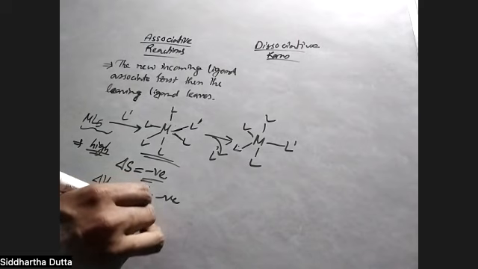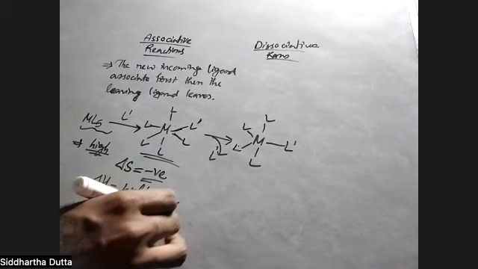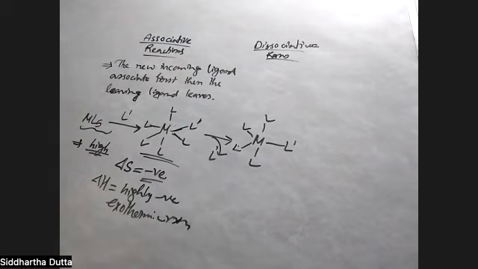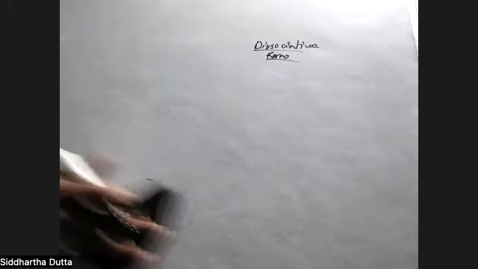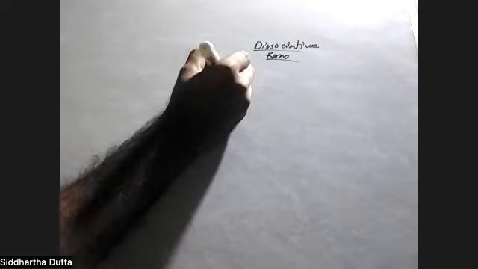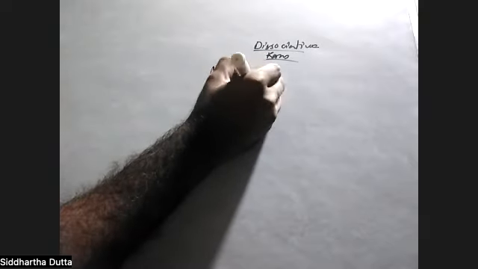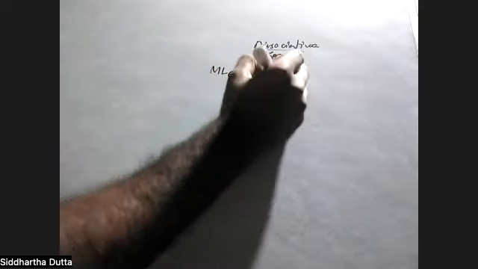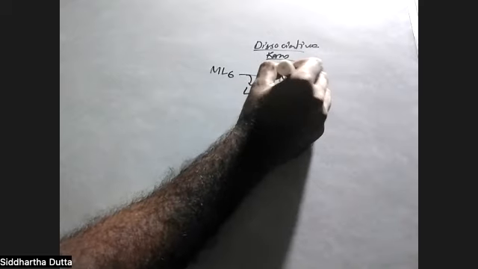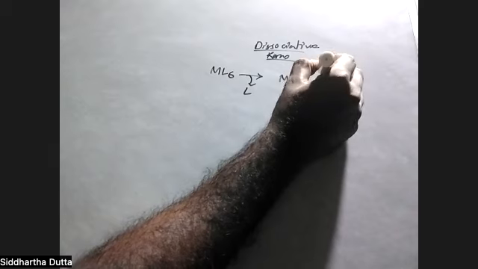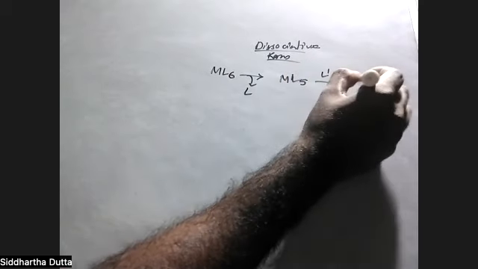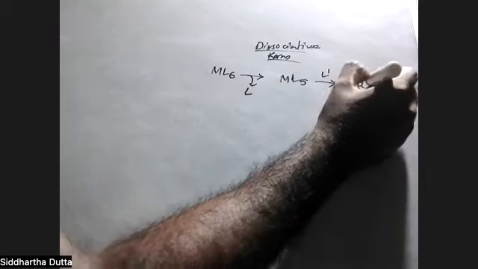On the other hand, in dissociation, let's say ML6, the leaving ligand leaves first, so this becomes ML5, and after that the new ligand attaches to the metal, forming ML5 L dash.